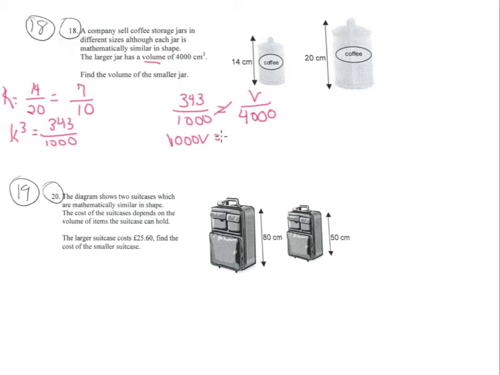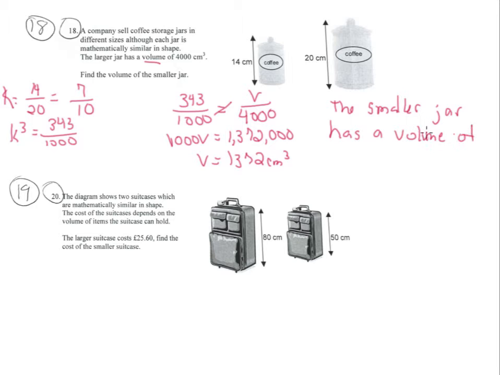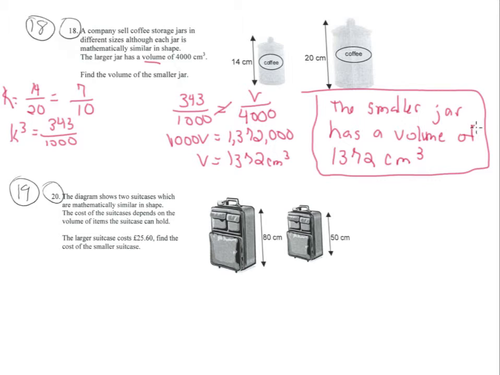Cross multiply. Simplify down, we end up that V is equal to 1,372 cubic centimeters. So the smaller jar has a volume of 1,372 cubic centimeters.